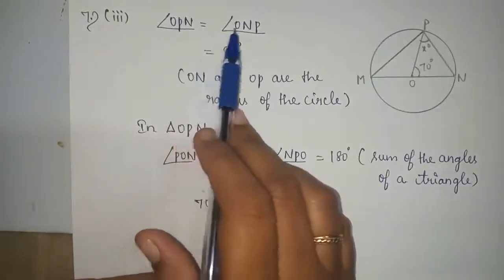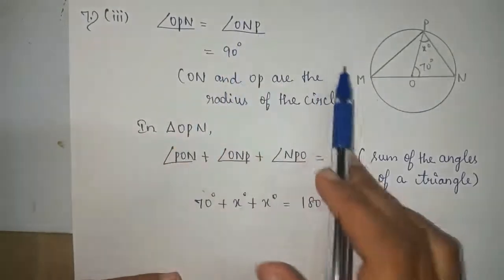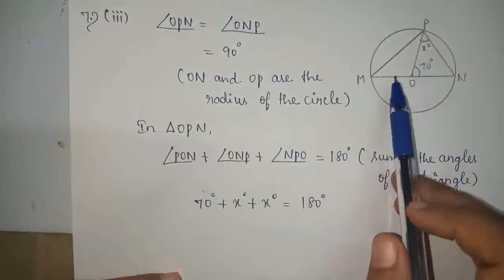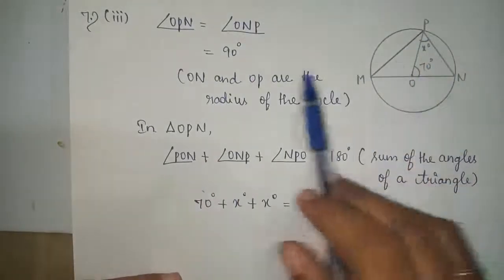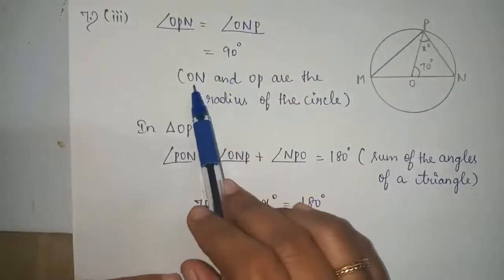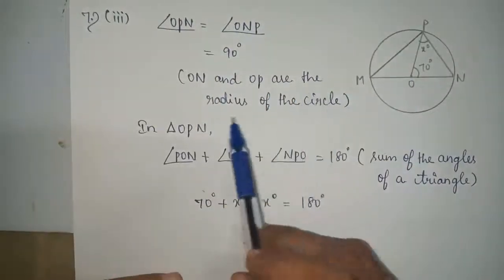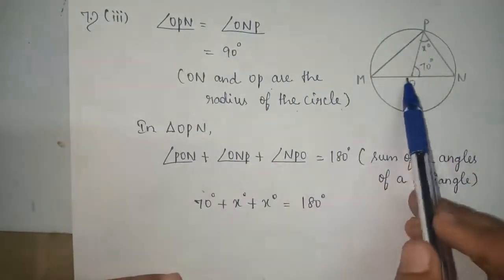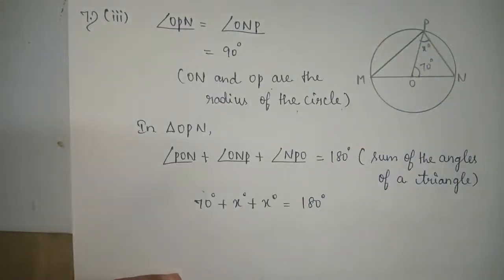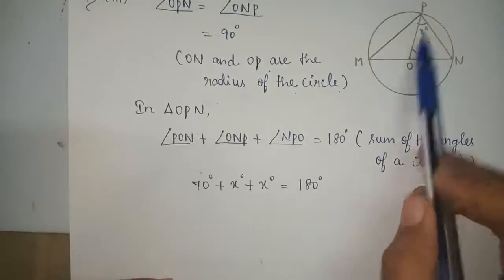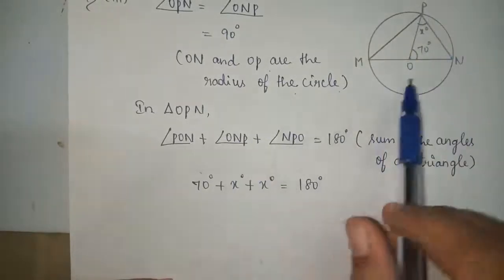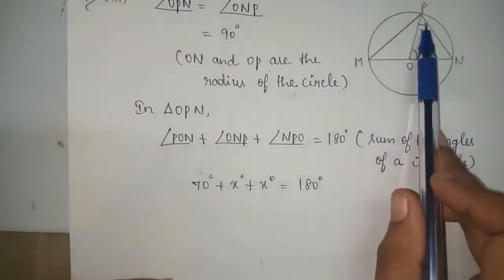Angle OPN is equal to angle ONP, which is equal to 90 degree. So here we can see angle P and angle N are equal to 90 degree because ON and OP are the radius of the circle. So we can see these two are the radius of the circle. So in a triangle OPN, we can see one angle is given and the other one is x degree.